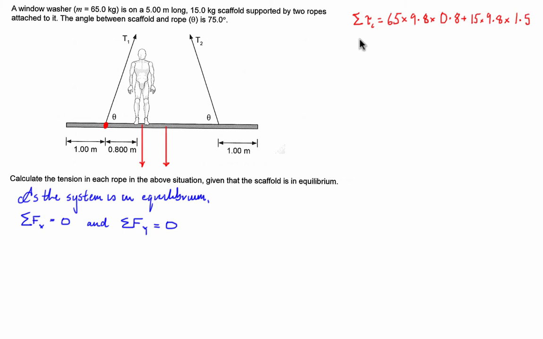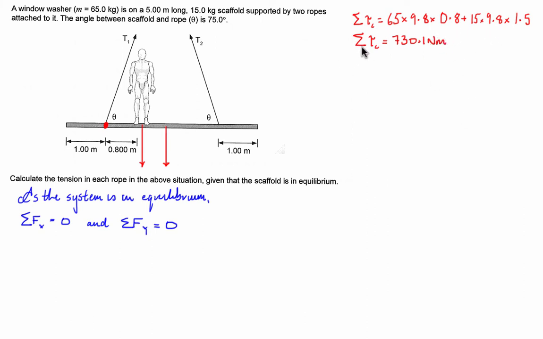From there, we can say that the sum of the torques clockwise is going to be equal to 730.1 Newton meters. Cool.